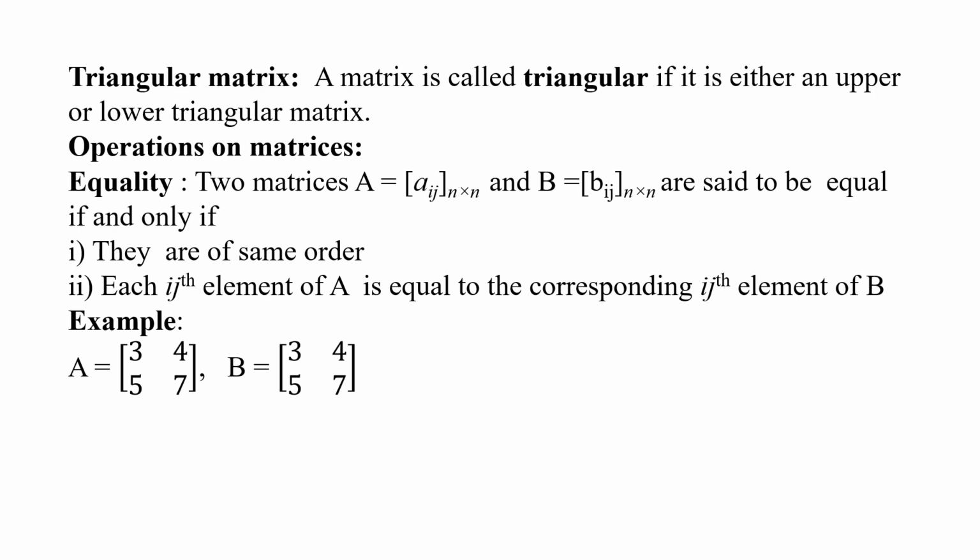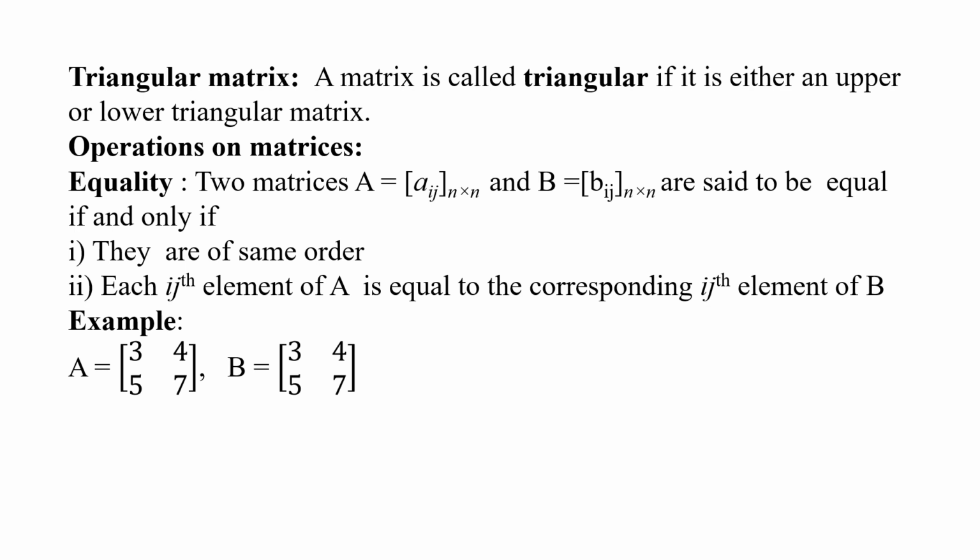In order to define equality of matrices, we take A and B, any two matrices of the same order, and then each ijth element of A is equal to the corresponding ijth element of B. Then in that case we say A and B are equal.